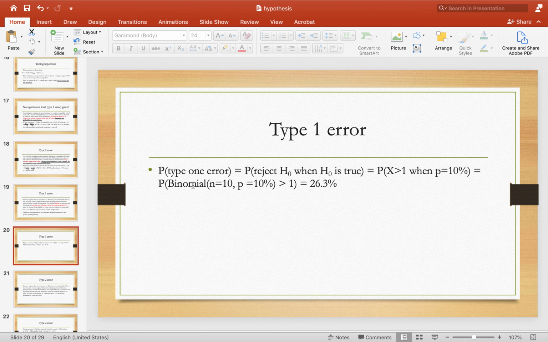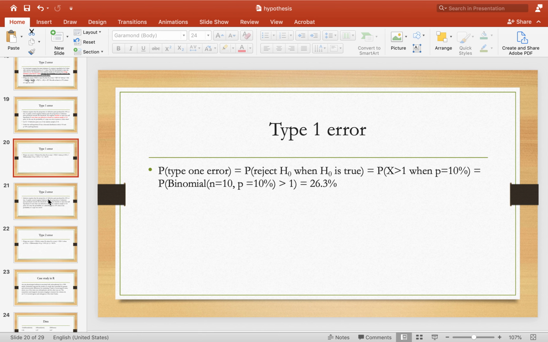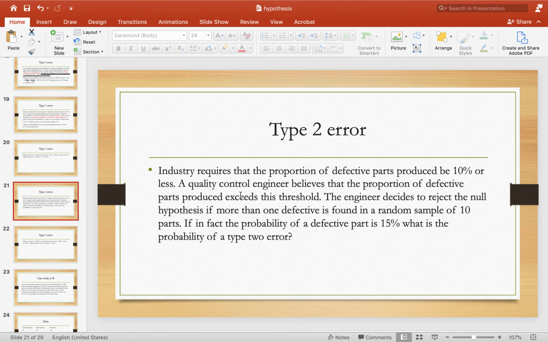Using R, I can see that that value is 26.3%, or I can just calculate it by hand. Either way. Okay, so that's another example of a type 1 error, but the distribution that I use is not always a t. In most instances it is, but I want you to know that there are lots of intricacies in hypothesis testing, and this is one of them.